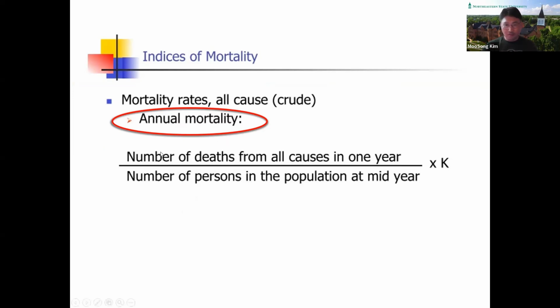The formula is the number of deaths from all causes in 1 year over the number of persons in the population at mid-year, times a constant. The constant will be given, like per 10,000 people or per 100,000 people.